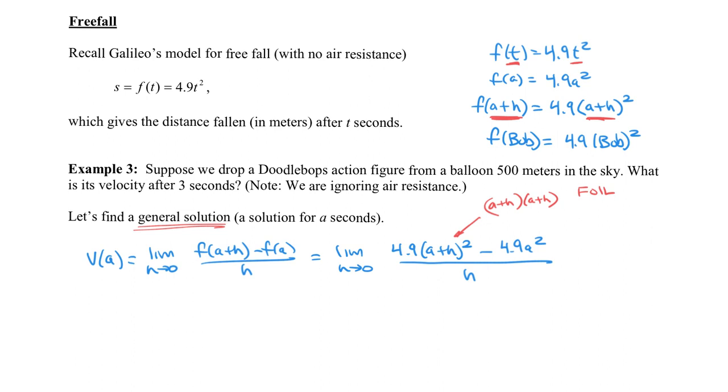So when we fill all this in, we get the limit as h approaches 0 of 4.9 times a squared plus 2ah plus h squared, minus 4.9a squared, all over h.